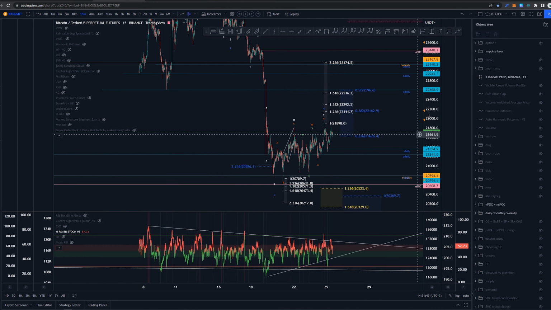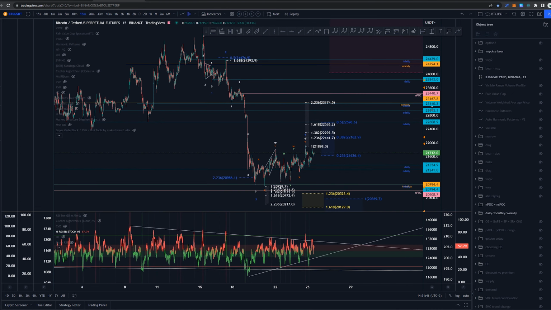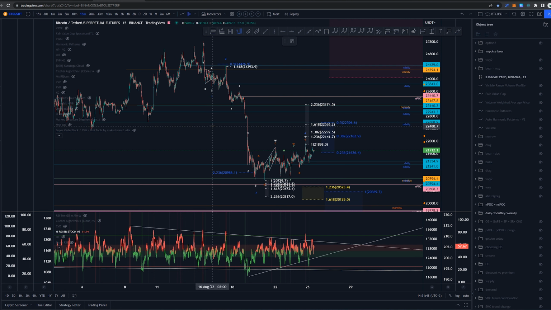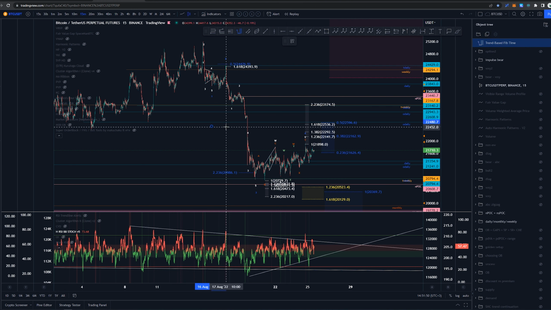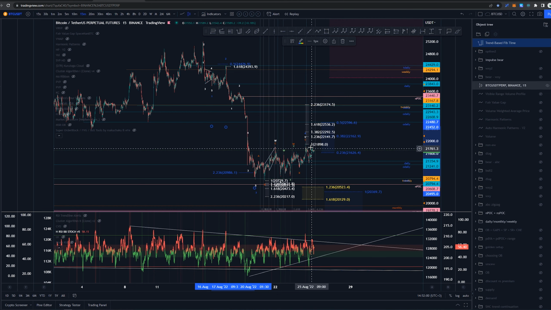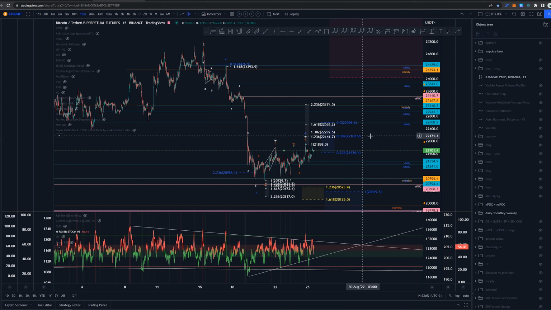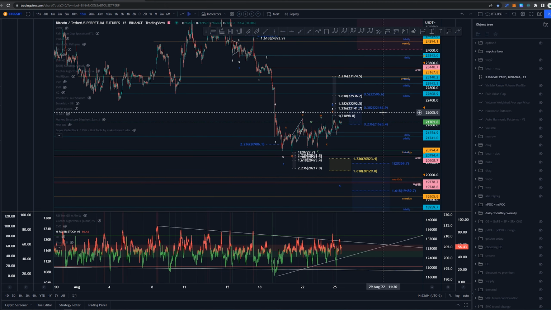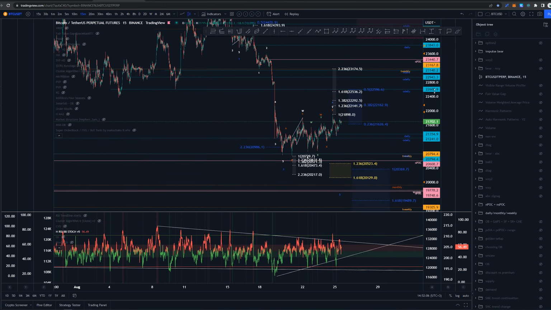But what can this be? At the moment, and before, we talked about the time element of these counts, saying how the wave 4 is already so much larger than the wave 2, and we are currently around the 4 times extension of this wave 2 in time, so it doesn't really make sense why this would be so big.